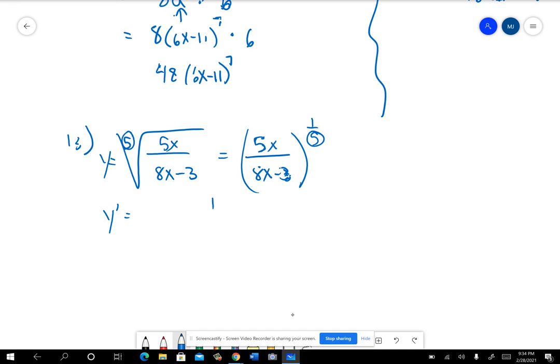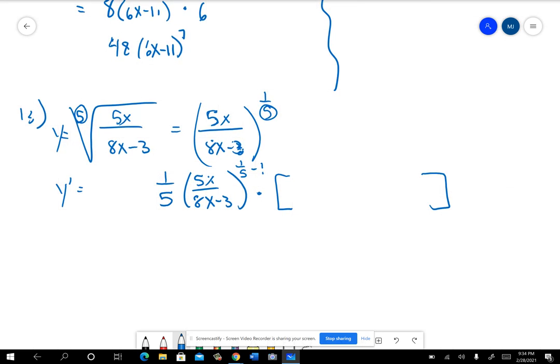So we'll bring the 1/5 down in front, take the 5x over 8x minus 3, and then subtract 1 from that exponent, you'll get to where you can work better with fractions. You'll get -4/5, and that's all you'll write. Now, the hard part on this one is that you have to do the derivative of the inside function, and it's a quotient.